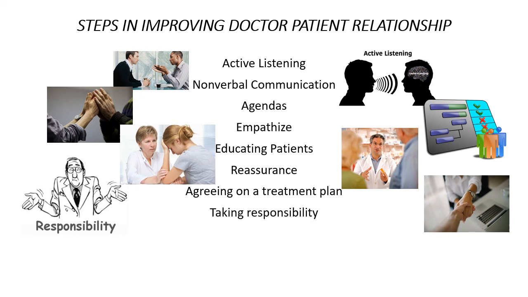Responsibility. You should be taking responsibility and sharing responsibility with both doctor as well as patient. Once the patient has a sense of responsibility in achieving the goal of care, his participation in the relationship becomes more active. From default, it moves towards mutuality.